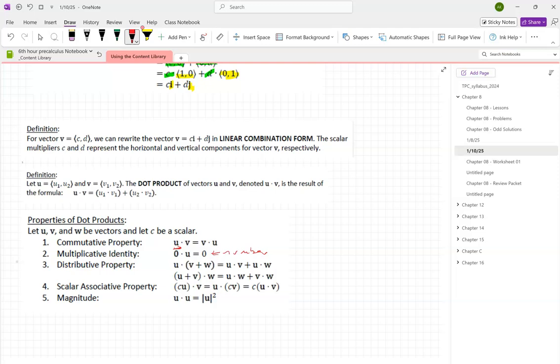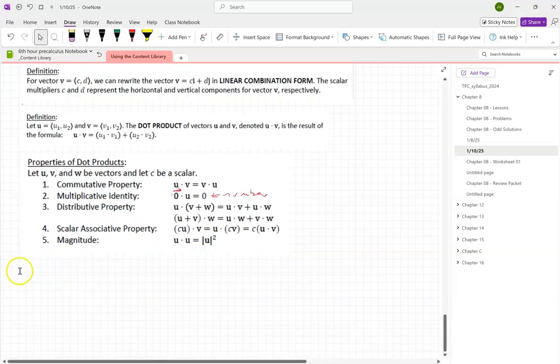So if you think about it, the dot product of u with u is going to be u1 squared plus u2 squared, which is the same thing as u1 squared plus u2 squared, all square rooted and then squared, which is the magnitude squared. All right, let's do some numeric examples using the dot product and dot product properties.